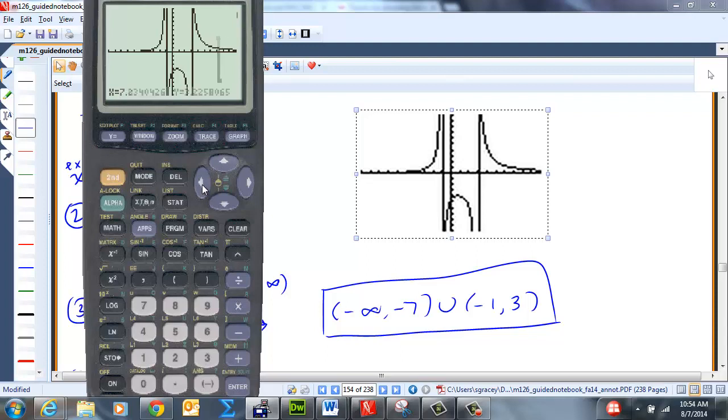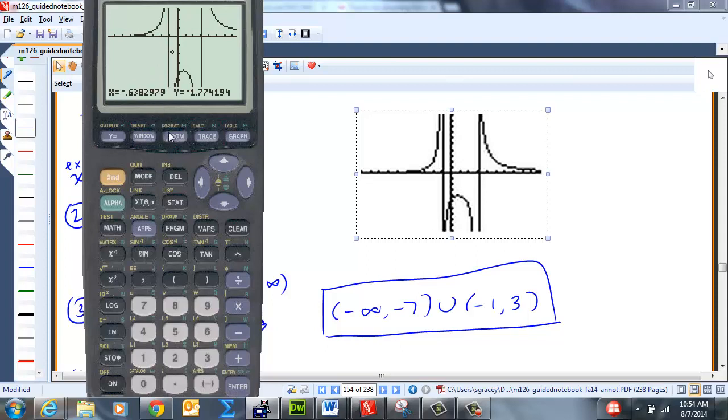Yeah, at the end of zoom box, you hit enter, not graph. See, for some reason, it doesn't really seem to be showing.